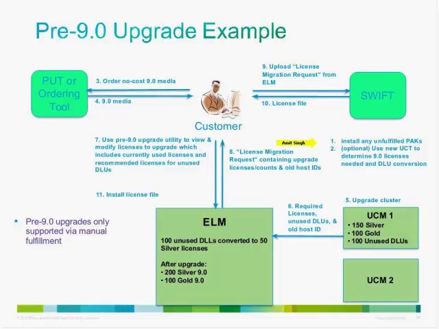The CUCM 9.x code has the algorithm to calculate your existing requirement and your unused DLUs. So as a rule of thumb, if you have any unused licenses, you should install them before even initiating an upgrade.